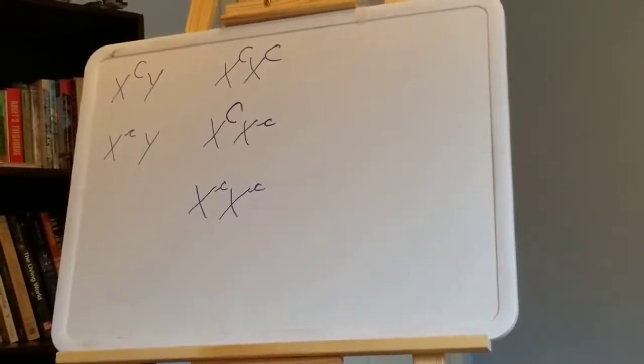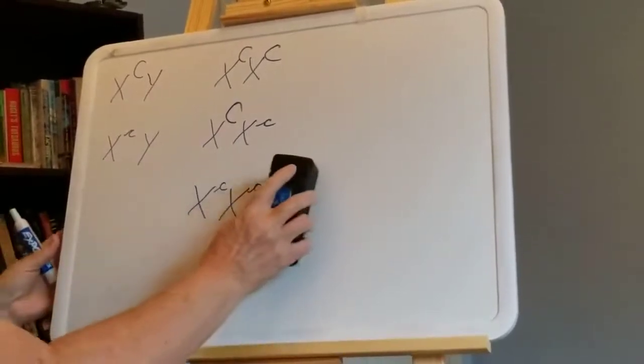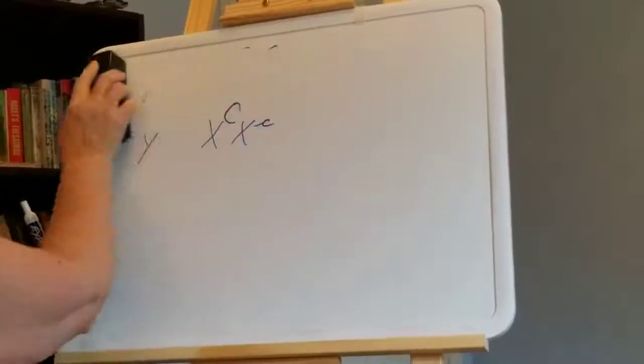So how would we set this up with a Punnett Square? Let's say that we have a woman who is heterozygous. So she has 1 normal gene for color and 1 colorblindness gene.